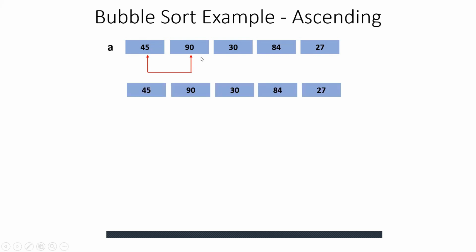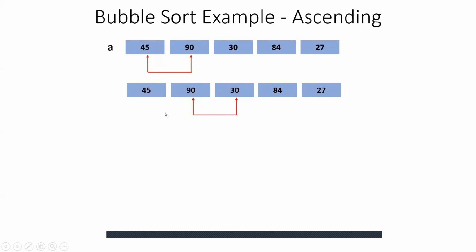Our array remains as 45, 90, 30, 84 and 27. Next, what do we compare? The next two elements which are next to each other. We compared index 0 with index 1. Now we will compare index 1 with index 2: 90 and 30. Are they in the right order with respect to each other? Forget the rest of the elements. With respect to each other, 90 and 30 are not in the correct ascending order.